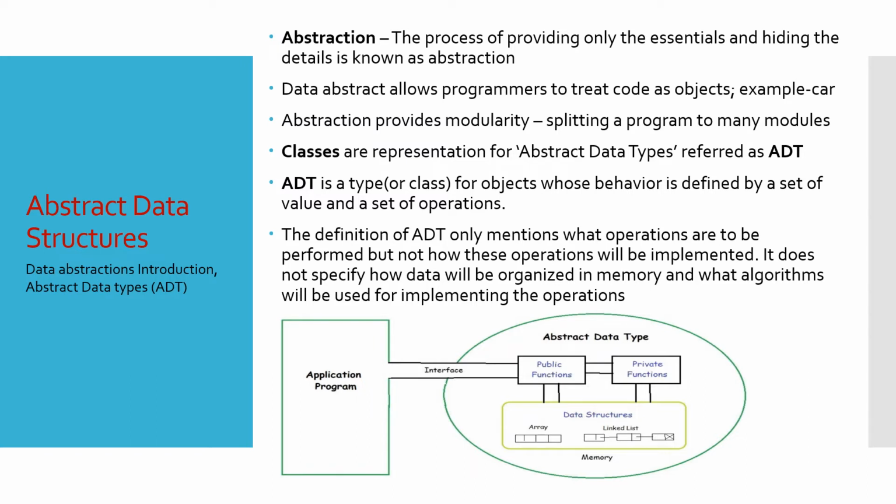The terminology we use in the computer field for that is implementation. So it does not specify how data will be organized and processed in memory and what algorithms will be used for implementing those operations.